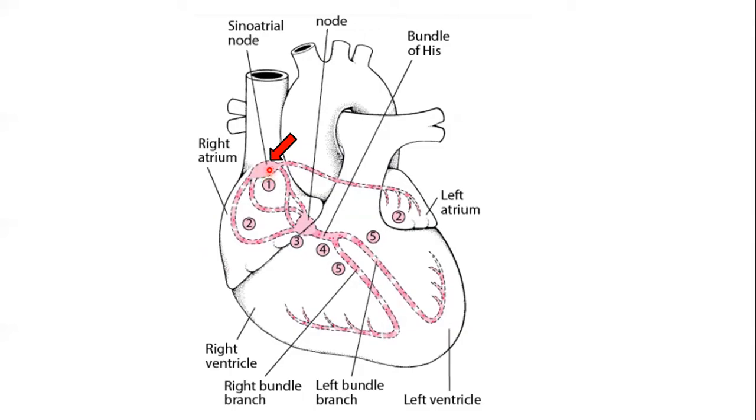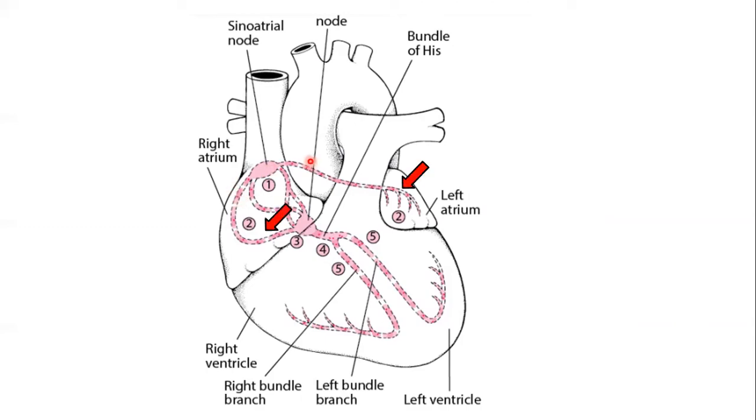So the initial nerve impulse will be generated from the sinoatrial node with the help of the action potential and depolarization. This sinoatrial node is present in the right atrium on the outer layer, and it controls the contraction or activity of the right atrium and also the left atrium.